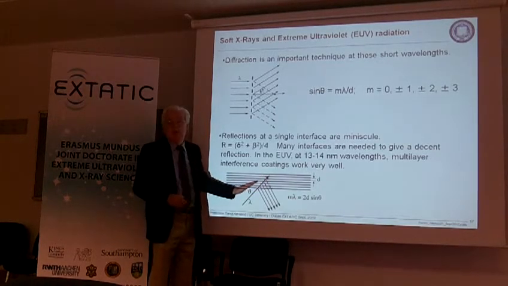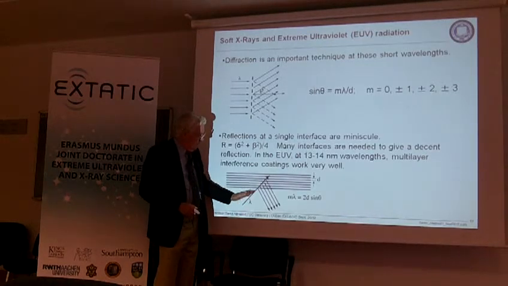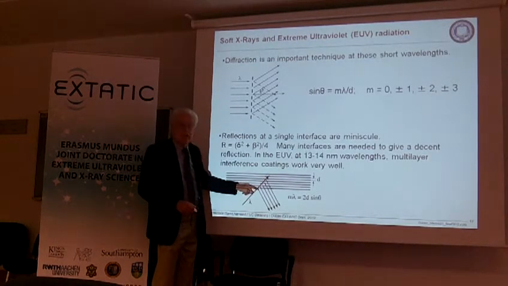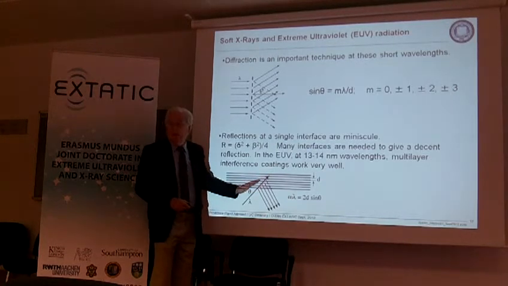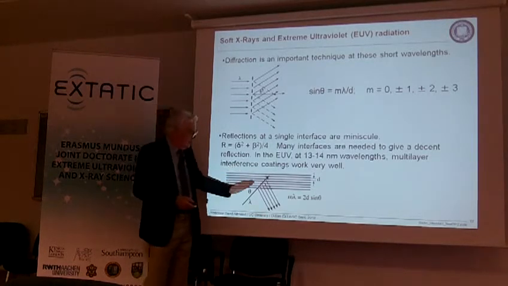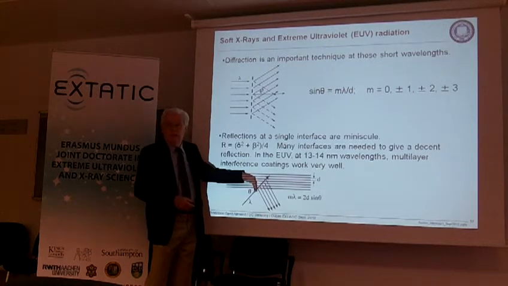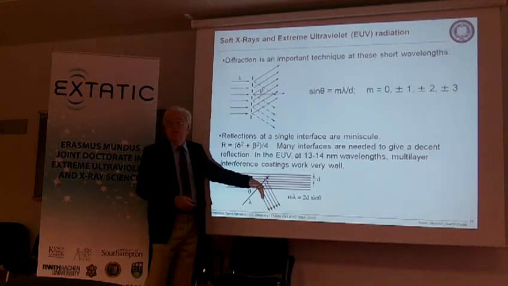You can't propagate very far, although there's some subtleties here. But as the radiation propagates in, it scatters off each of these things. And if it's just the right angle, which you'll see in a moment turns out to be the Bragg angle, just like in a crystal, just at the Bragg angle, these electric fields are all adding up in phase.